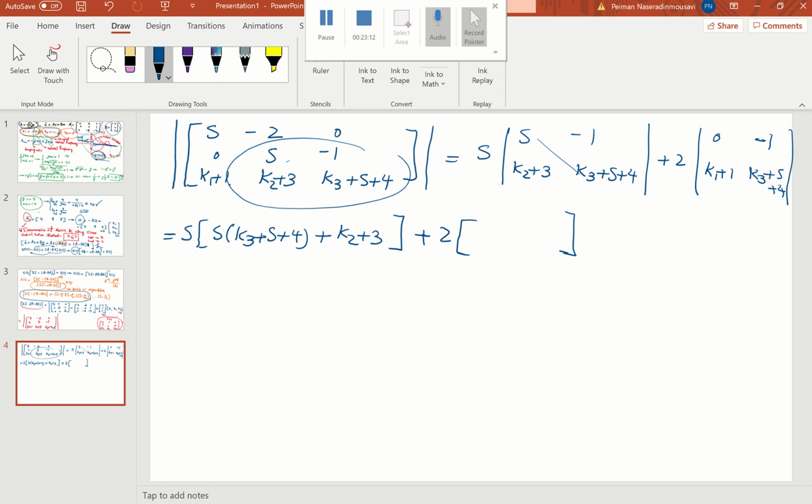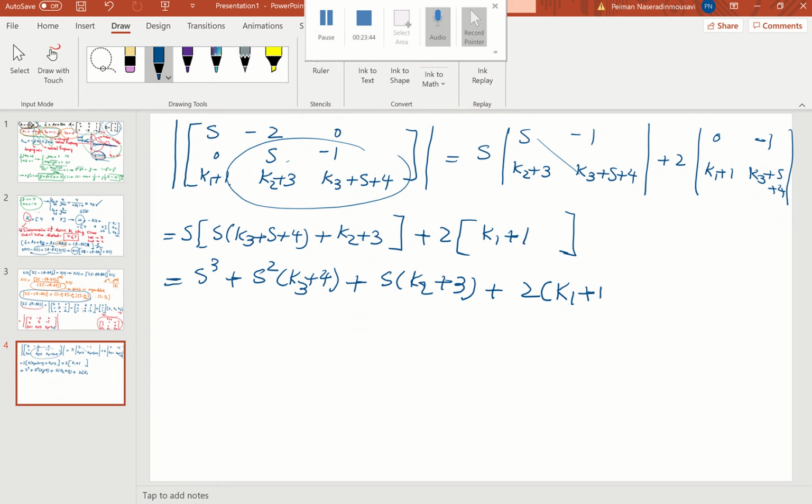So now the result here is going to be k1 plus 1. If you multiply all of them, you're going to have s cubed plus s squared (k3 plus 4) plus s (k2 plus 3) plus 2 (k1 plus 1).